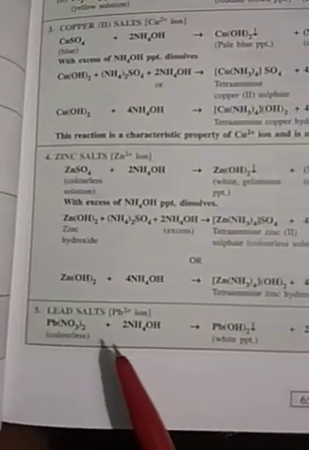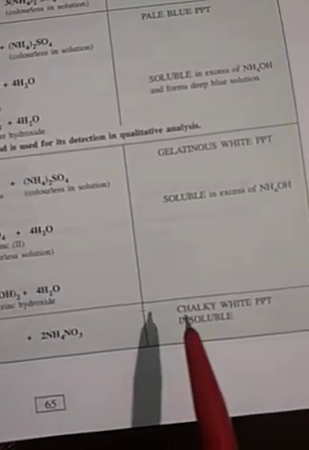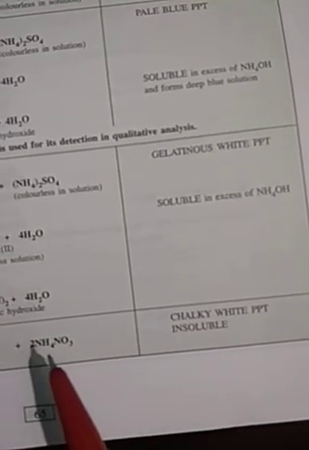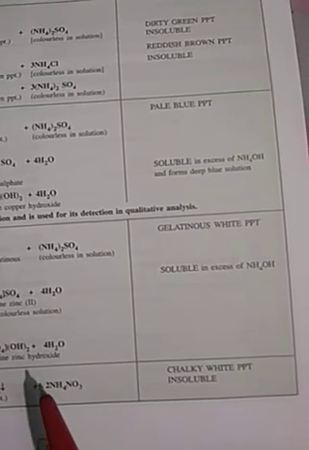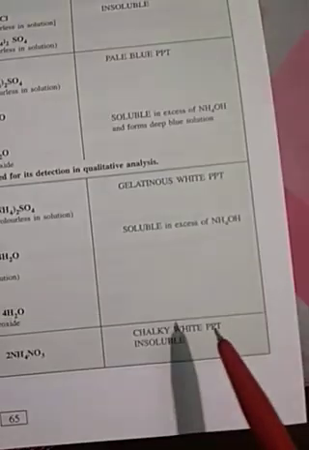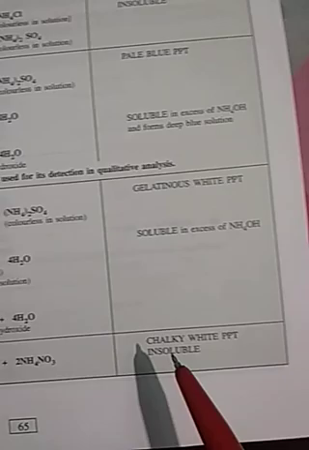Similarly, lead nitrate will form a white precipitate, which is insoluble. Precipitate means insoluble, and when it is added to excess sodium hydroxide, it remains a chalky white or curdy white precipitate. It is insoluble.